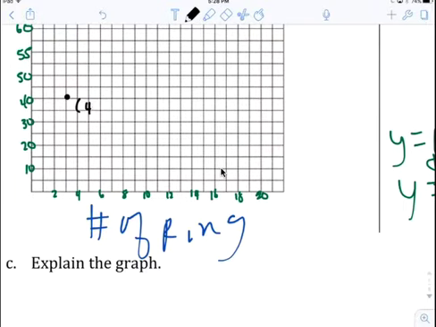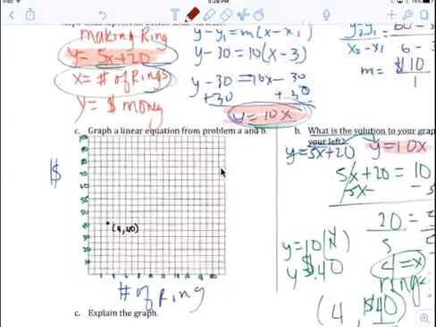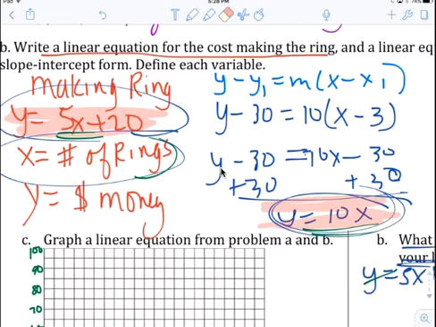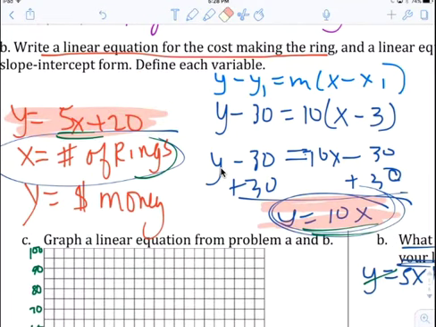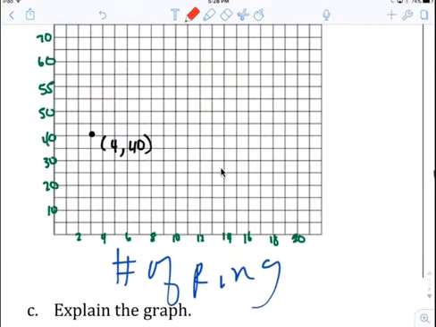Oh, not 440. Okay, let's start with making the rings, which we call cost, okay? Let's change this to the cost of making the ring. We'll change it to cost. Okay, start out at 20. Go up 5 over 1, up 5 over 1, up 5 over 1.